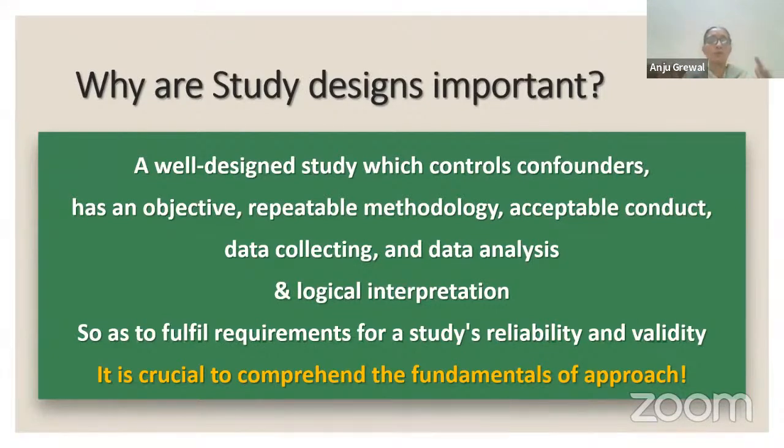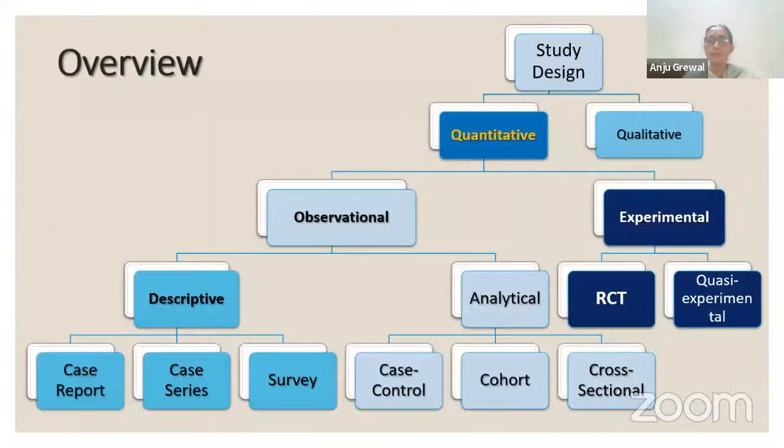And of course, after you collect your data and analyze it, it can be logically interpreted so that the study's reliability and validity is always maintained as you do research. Remember, you're doing research on human subjects, and therefore it is important that we adhere to and think about all of these aspects as we comprehend and design our approaches.